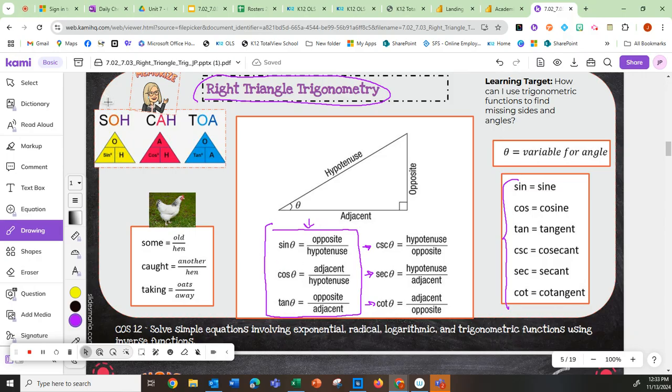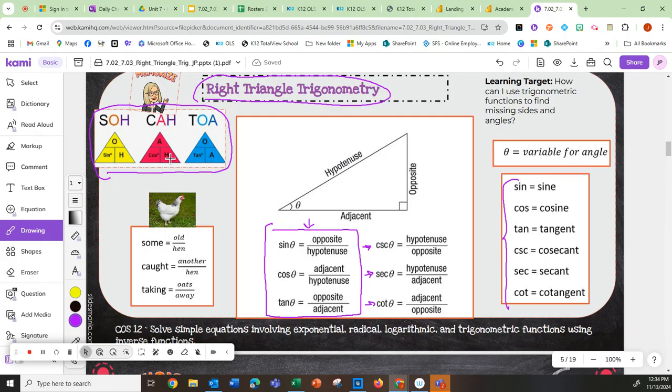Well, most of my students nowadays will tell me that somewhere in Algebra 1 or geometry, their teacher taught them something called SOHCAHTOA. They might have pronounced it differently. It stands for sine is opposite over hypotenuse, O for opposite, H for hypotenuse.